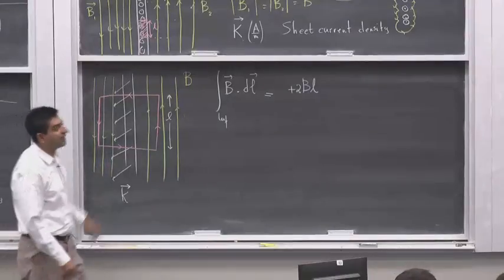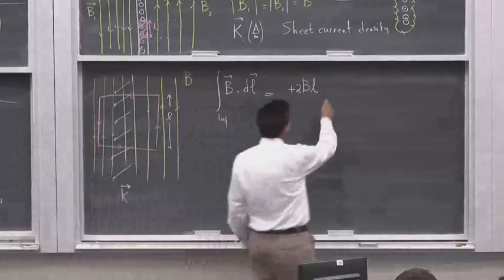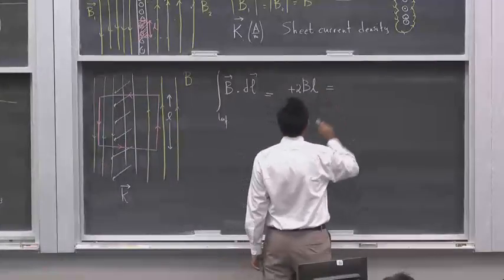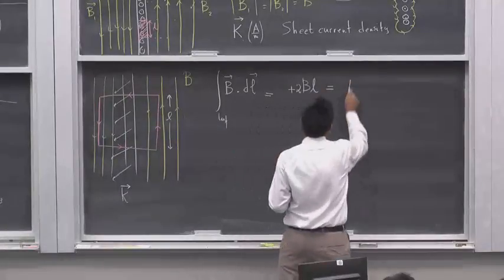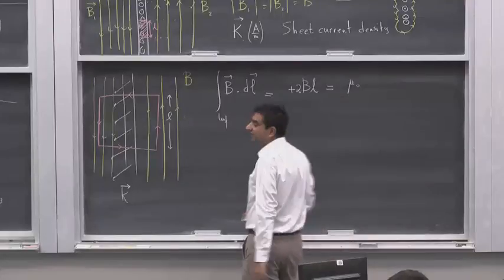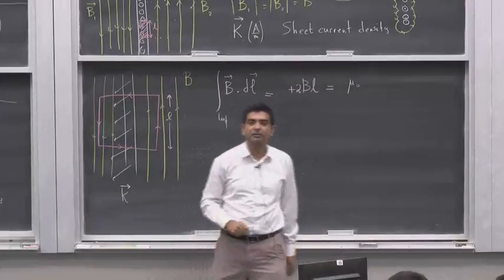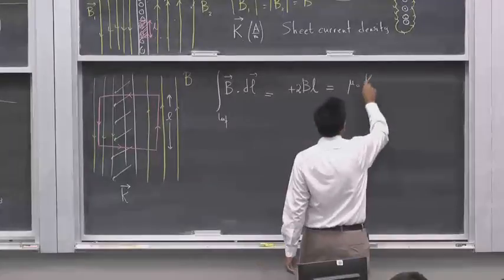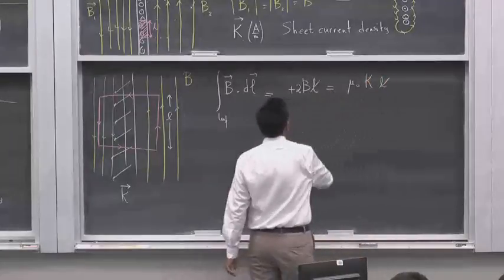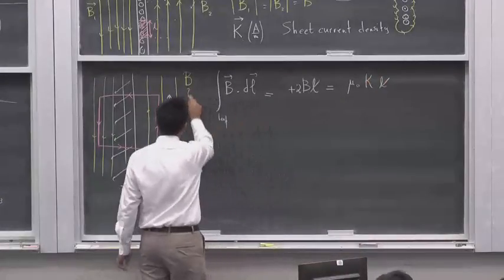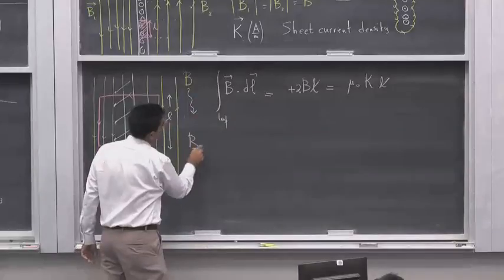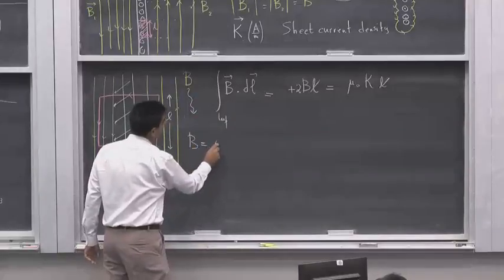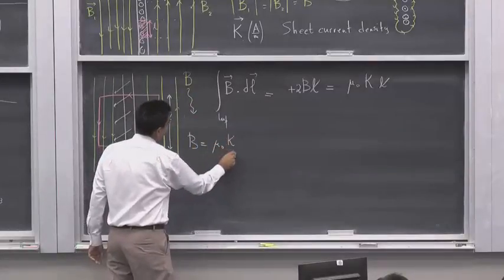So this 2BL equals, according to Ampere's law, mu naught times the current enclosed. And what's the current enclosed here? K times L. So my magnetic field B, its magnitude is mu naught K over 2.